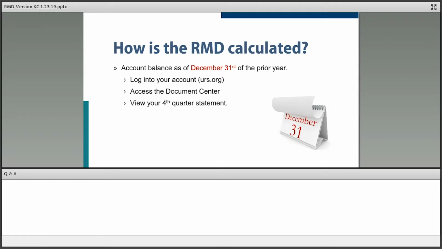Once you log into your account, at the bottom of the screen you'll see the URS Document Center. Once you see that Document Center, you can then access your fourth quarter statement. And then on that fourth quarter statement, you'll be able to see the account balance for December 31st.